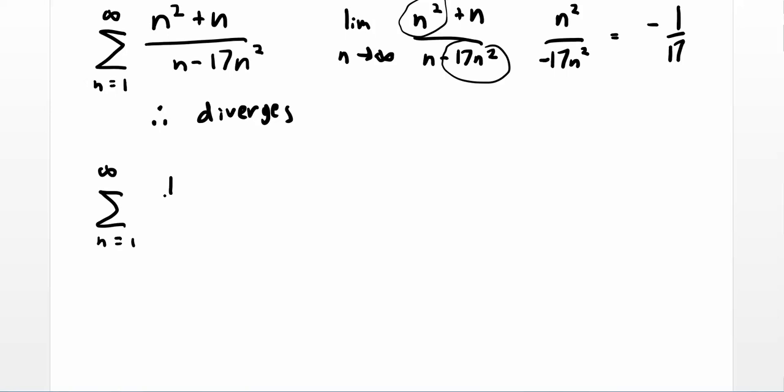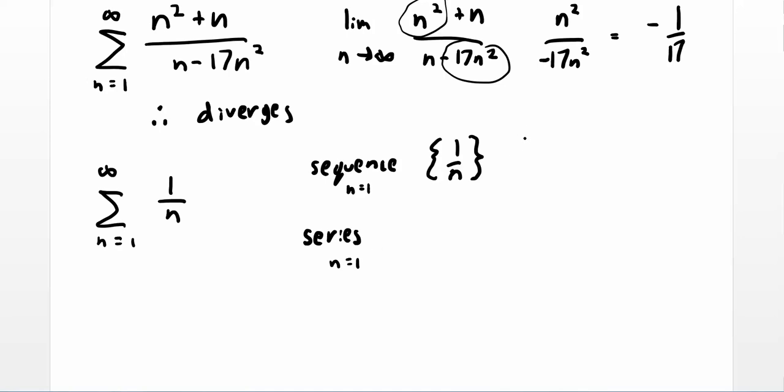So a lot of students ask me about this problem, the series of 1 over n. So one thing to keep in mind is the difference between a sequence and a series. So the sequence of 1 over n would just be the listing of numbers, well, assuming that you're starting at n equals 1.